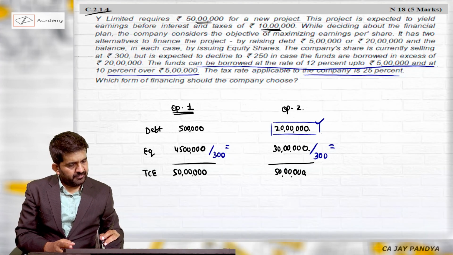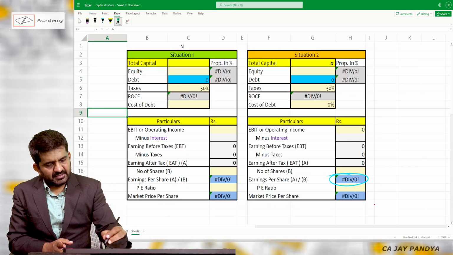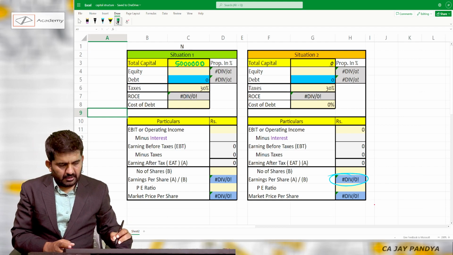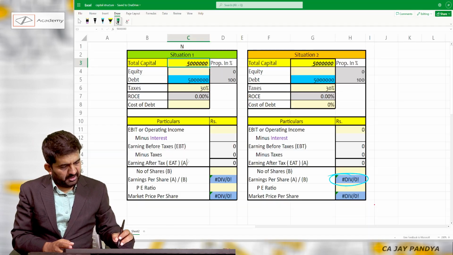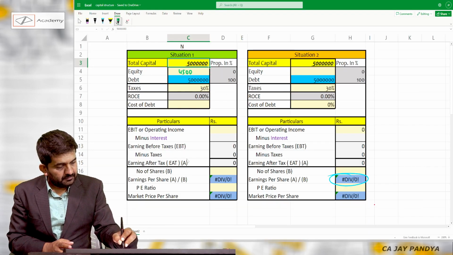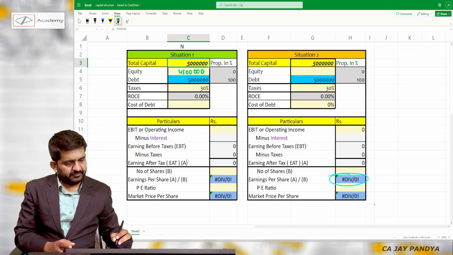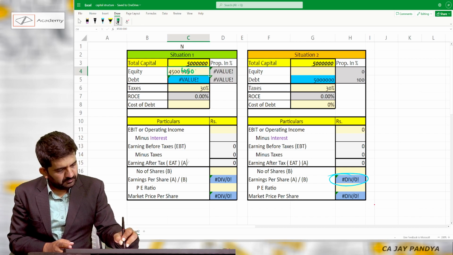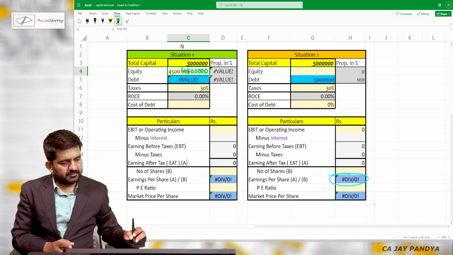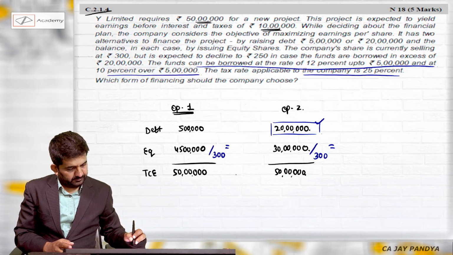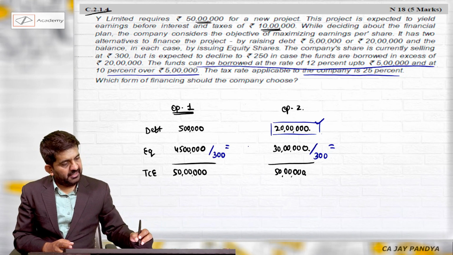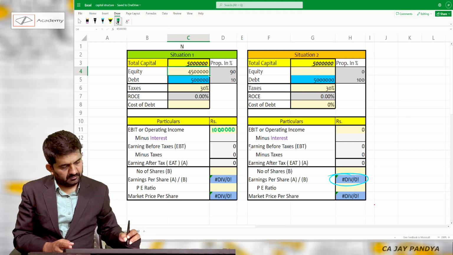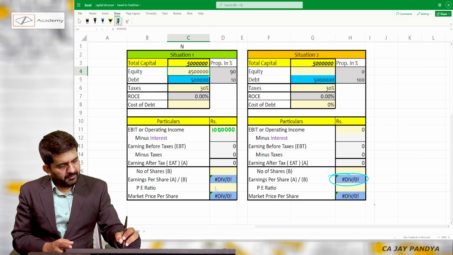Situation number 1, total capital employed will be 50 lakhs. Out of which in option number 1, equity is 45 lakhs. EBIT in both the cases will be 10 lakhs. Tax rate is not 30, it is 25%.